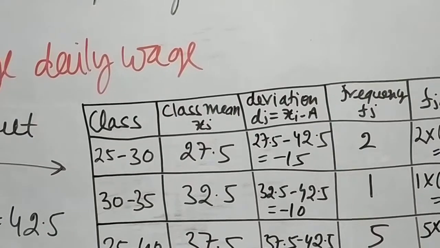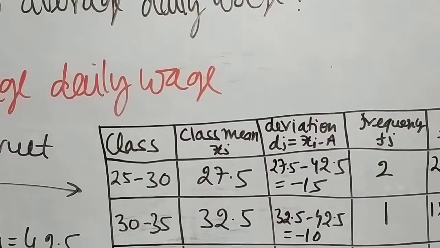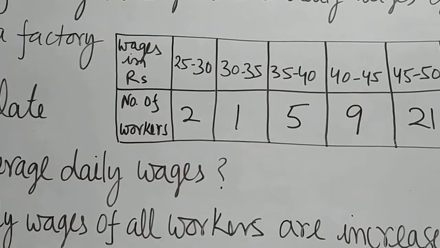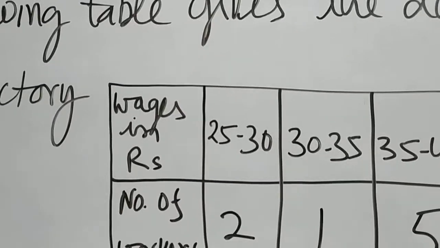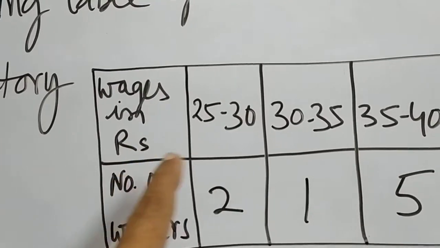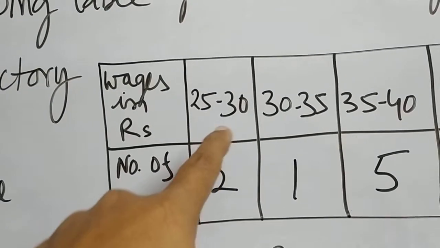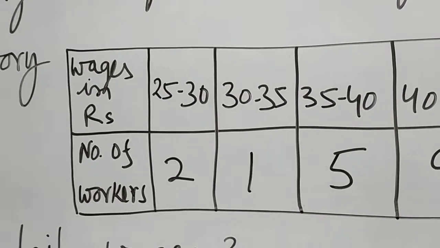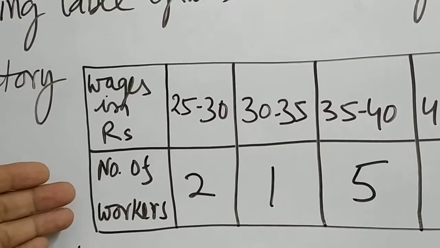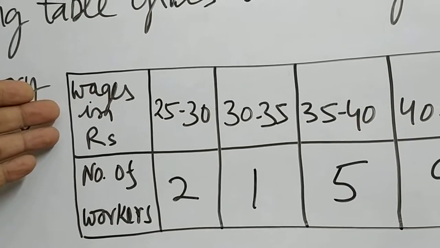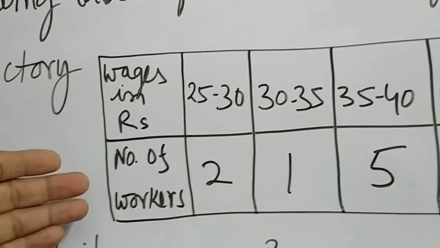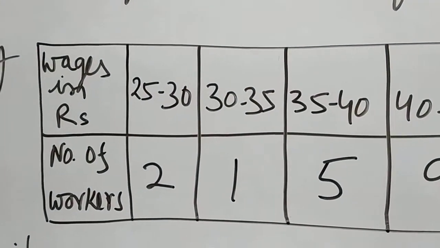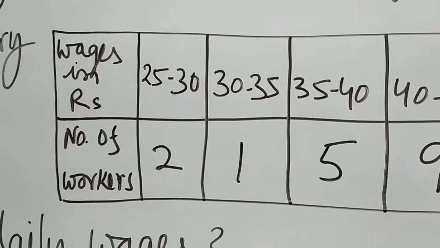Now we will take the data from the given table. Class, see just the table given. Wages in rupees. This is the class 25 to 30. There should not be any confusion while solving the problem, that if the number of workers is written in the first row and wages in the second row, you can get confused about which one is the frequency.